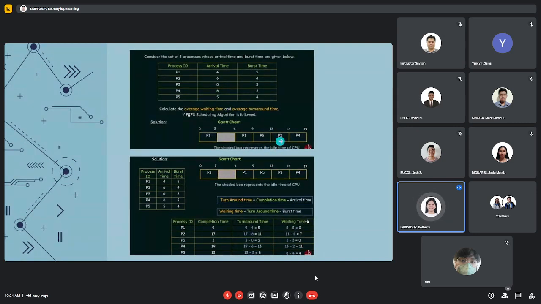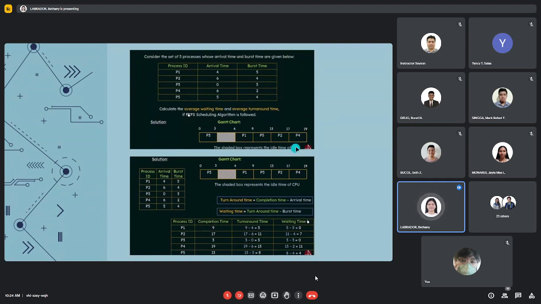So how long will P2 execute? It will execute for 4 units of time. The burst time of P2 is 4. So 13 plus 4 is 17. So P2 completes its execution at the 17th unit of time. What is the next one?